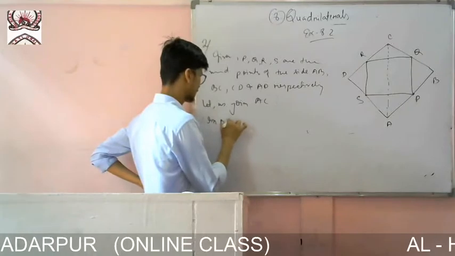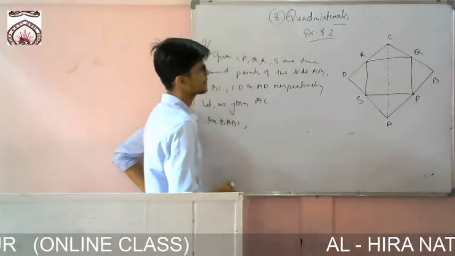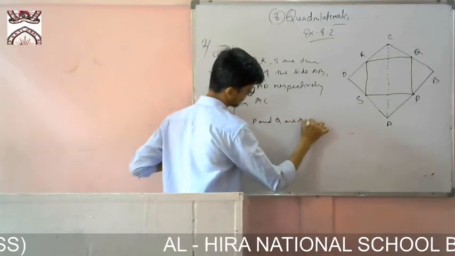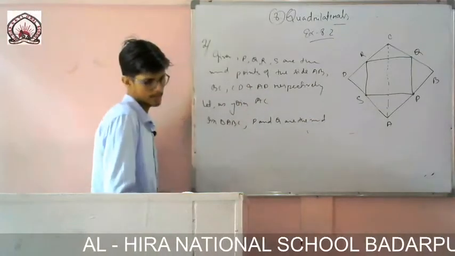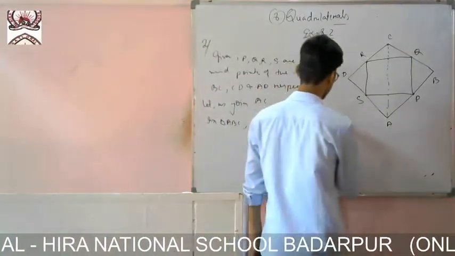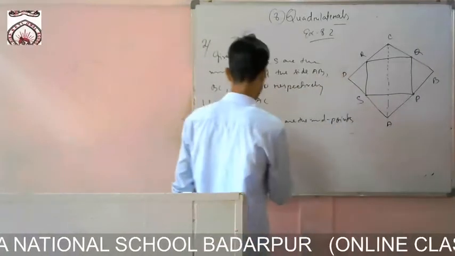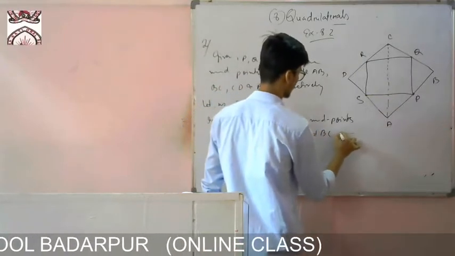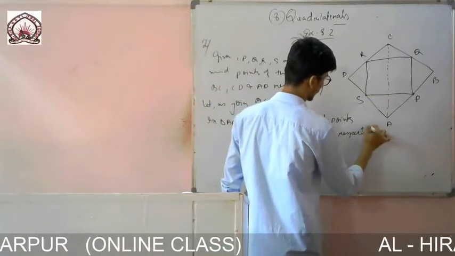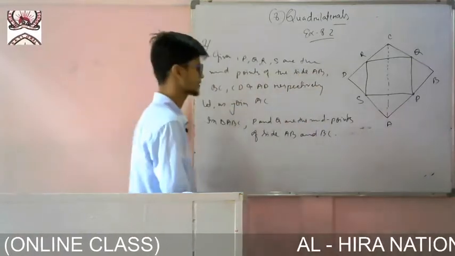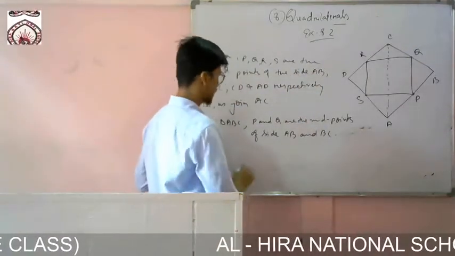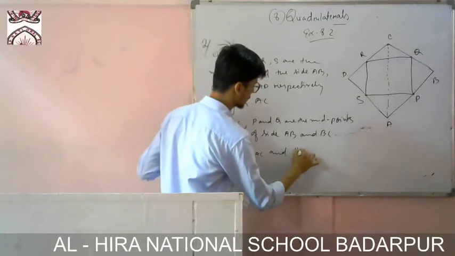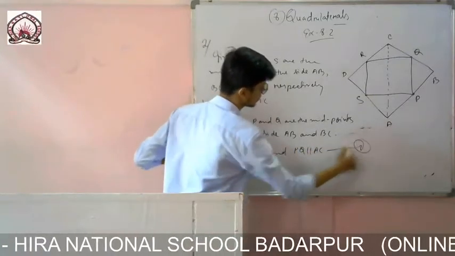In triangle ABC, P and Q are the midpoints of sides AB and BC. So I can write PQ is equal to half of AC and PQ is parallel to AC. This one we know, this is our theorem.